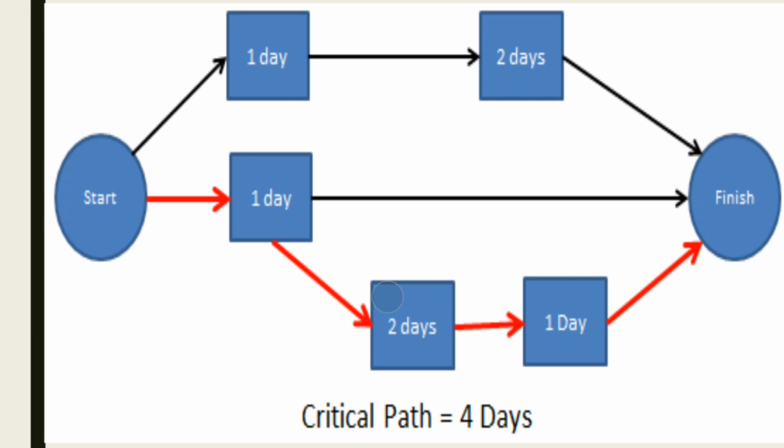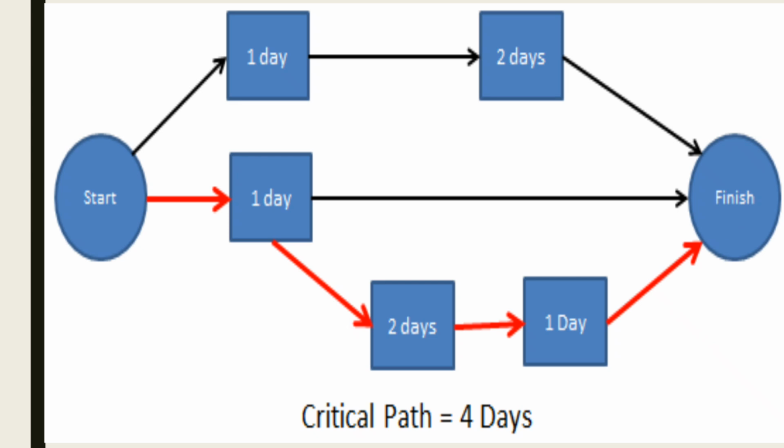Then there is another task that is going to take 2 days. Then another task that is going to take a single day. From there, you finish your project. You understand that there is a path here, a path here, and a path here.